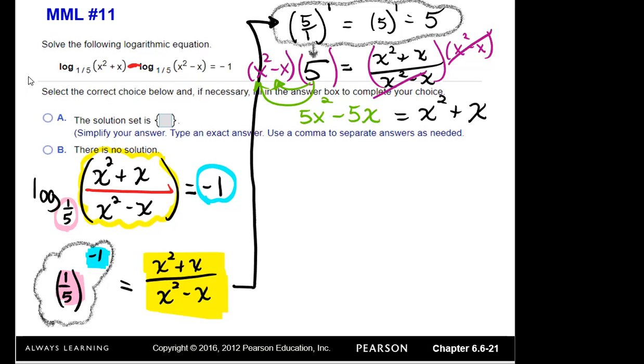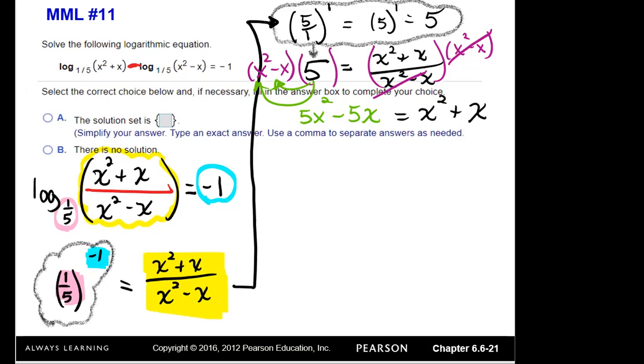So this is a quadratic equation. I got to set it equal to 0. It doesn't matter which side your 0 is, but in my professional opinion, for what that's worth, it is always easier to factor or use the quadratic formula when your x squared is positive.